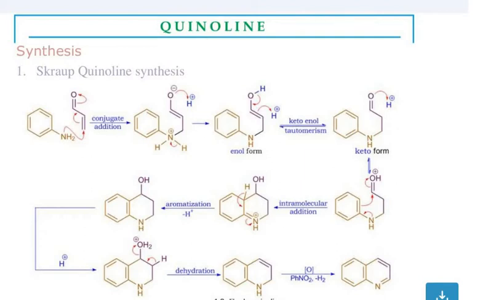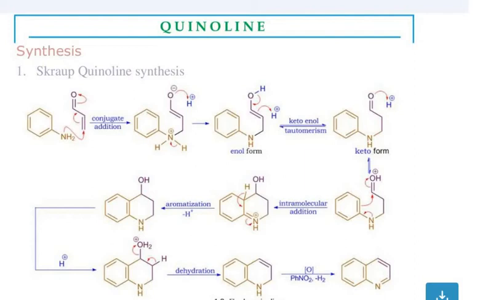Then keto-enol tautomerism gives you the keto form, then you can see the intramolecular addition, and then cyclization occurs, a carbon-carbon bond is formed here, and then aromatization with loss of H plus forms this product. Then in acidic medium OH2 plus forms and water is removed, which is known as dehydration, and you get this cyclized product. And then oxidation gives you quinoline.